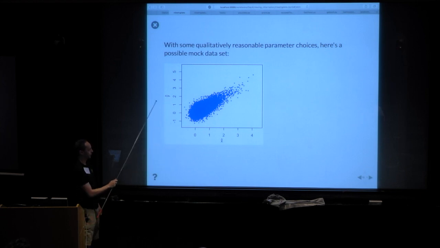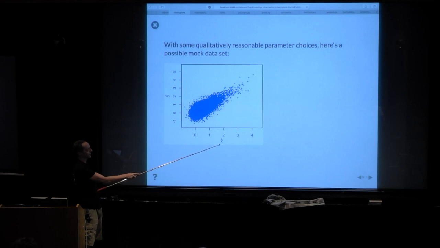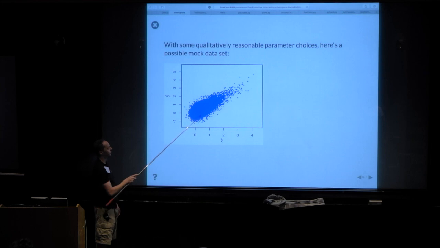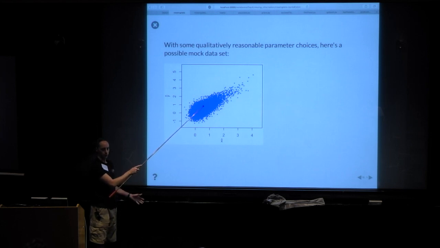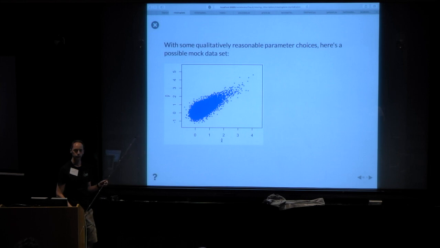So what I've done is taken some exponentially falling distribution of x's, made up a really big number for the total that I would have, perturbed them to get a measured x, gone back to the true x, figured out where on the line I am to get an average y. That average y is perturbed by intrinsic scatter to get the true y for the cluster, and then that's perturbed again by measurement error. And then we have a point in this diagram. Does that make sense? Okay, slate motions up and down, good.